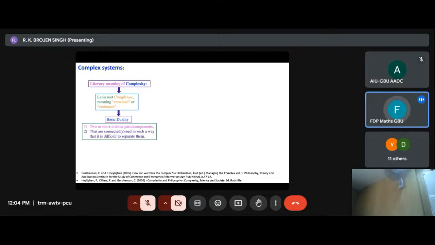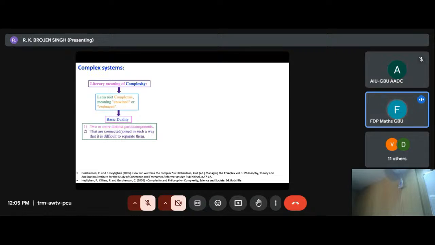One is to define the system. The system is nothing but something that has two kinds of entities, a number of entities, and the entities are very different. Only then can one talk about the system.